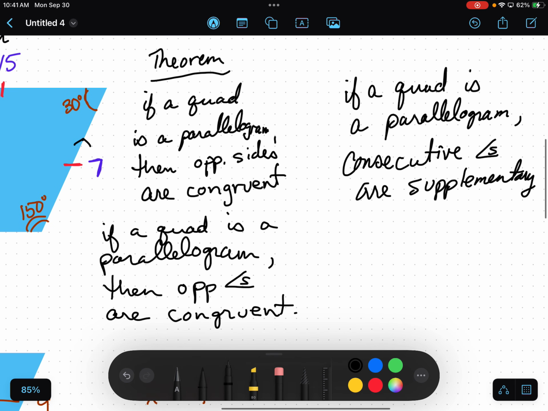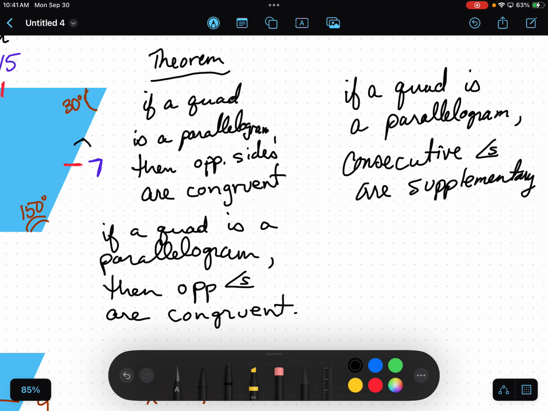And what I mean by that is that if they're right now like the two on the side or two on the bottom or two on the top, those are consecutive. You didn't skip any when you went around the corner. So like if you look at the parallelogram that's on the screen right now, it's just a little sliver of it. You see how the bottom corner is 150 and the top corner is 30? Those would be consecutive because, they're not adjacent, but they're consecutive when you're going around it. That's what they mean by that.